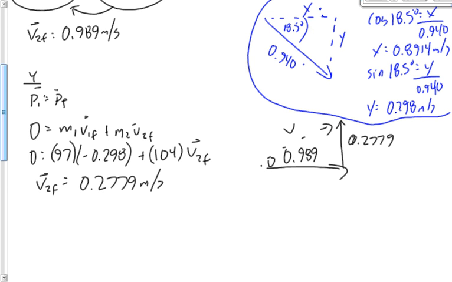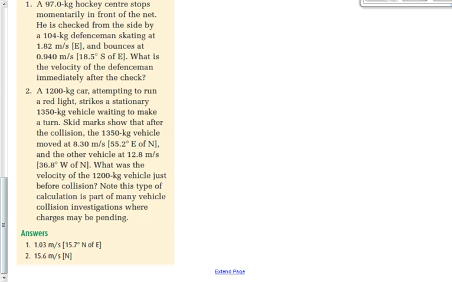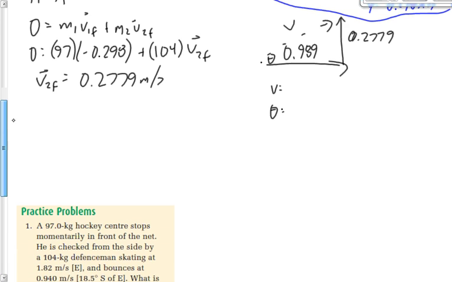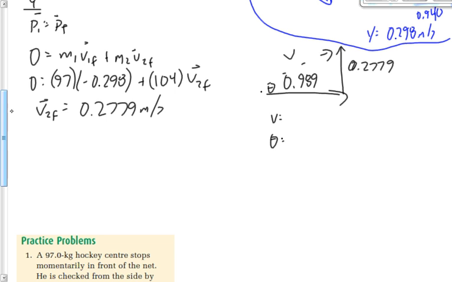Okay, we can find v by the Pythagorean theorem, and we can find theta by taking the inverse tan of opposite over adjacent. Okay, the answer's there: 1.03 meters per second at 15 degrees north of east. Try it. Make sure you can get it. If you don't get that answer, then raise your hand so that we can go over it for you, okay? Otherwise, I'm going to trust that you've gotten it.